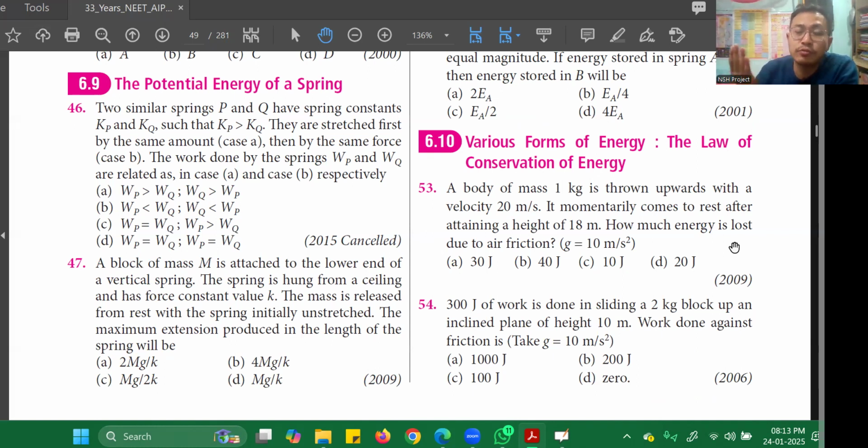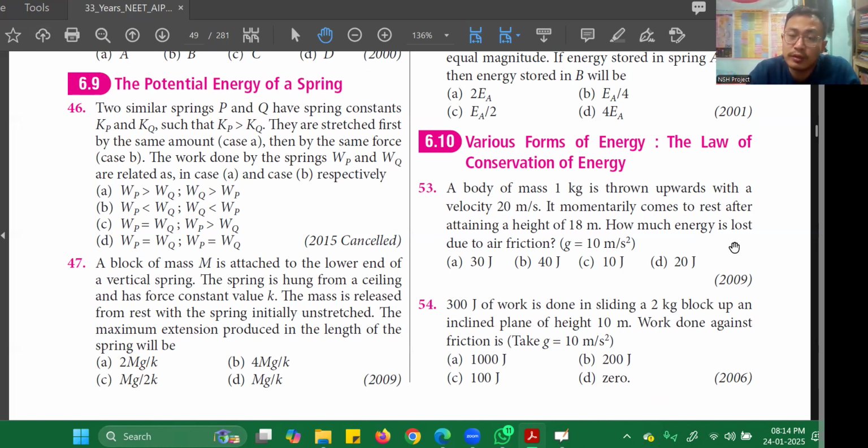It momentarily comes to rest after attaining a height of 18 meter. How much energy is lost due to air friction?